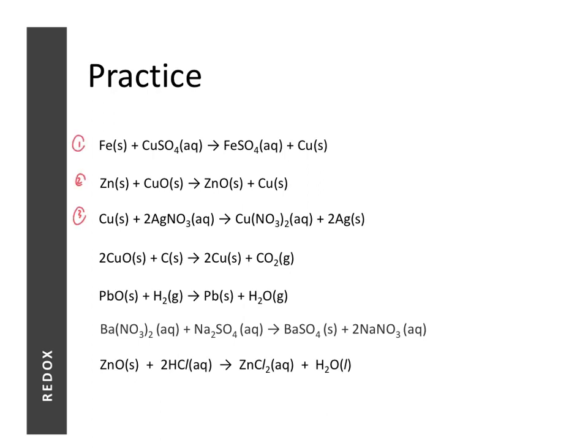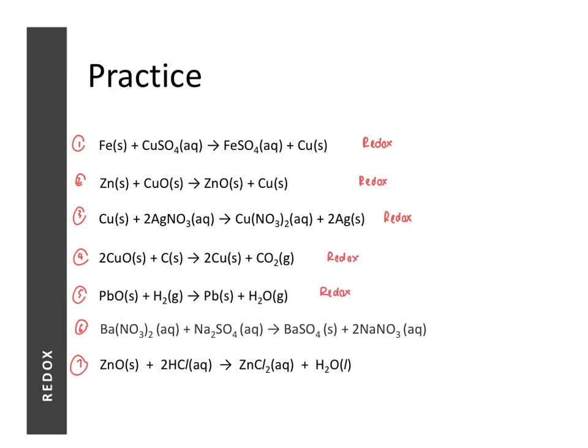Reaction 1, do you see any elements in there? Answer is yes, so it's redox. Reaction number 2, do you spot any elements in there? Yes, so it's definitely redox. Reaction 3, there's also an element in there, so it's redox. Reaction 4, redox. Reaction 5, also redox.